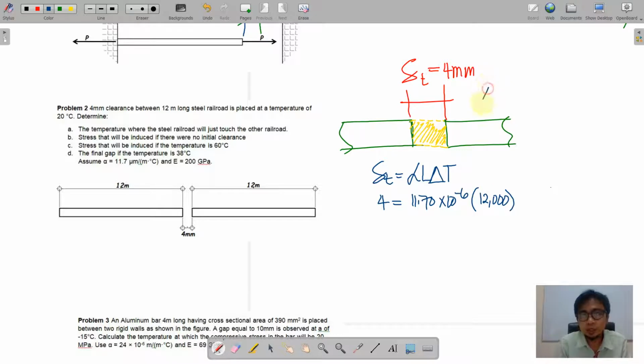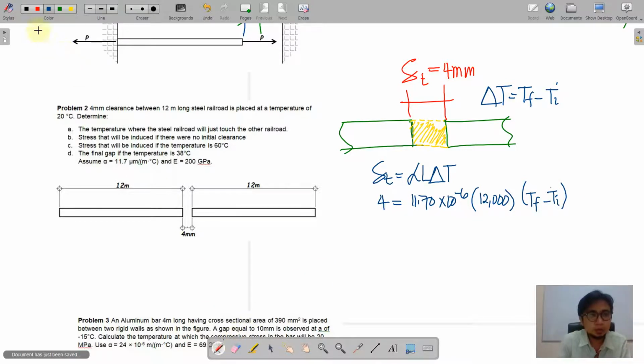So delta T is equal to the final temperature, okay, minus the initial temperature. So we will just place that into our equation. And then as we all know, we substitute this initial to be equal to 20 degrees Celsius.